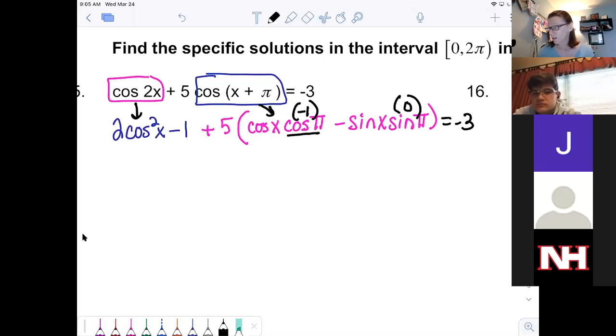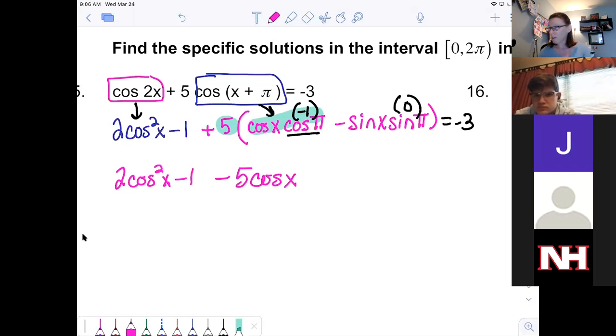So looking at what we have: 2 cosine squared minus 1. And now inside we have cosine times -1. Well, that's negative cosine, and then that has a 5 outside, so that would become -5 times the cosine.